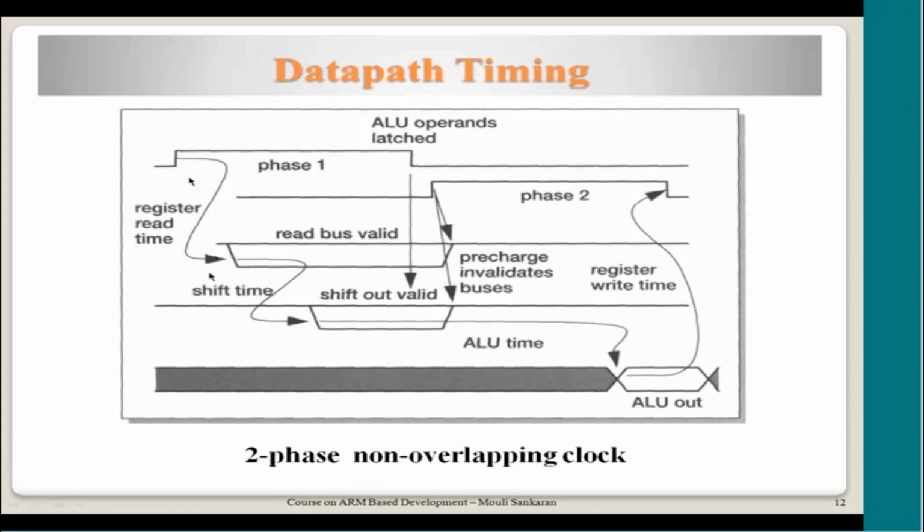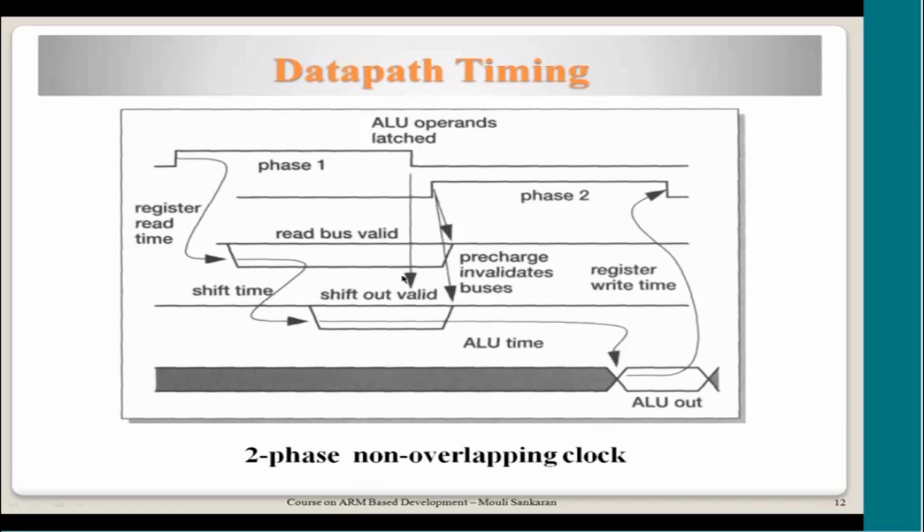RM gets read, and RM could either pass through a barrel shifter and then come to the ALU, or be read directly by the ALU. During this time the ALU is open to receive the operands coming from the register file. Either RN, which is directly connected from the register file to the ALU, is available, whereas the next operand RM could go through the barrel shifter and might come with a little bit of delay.